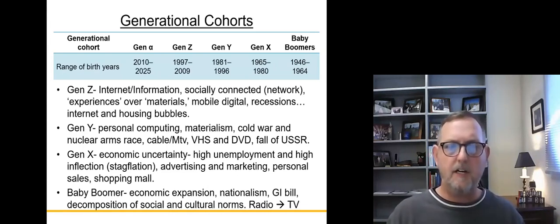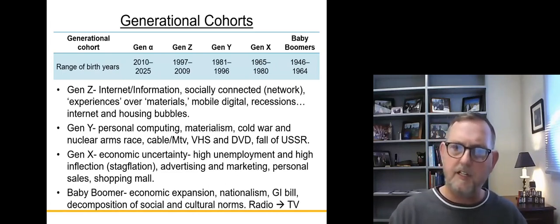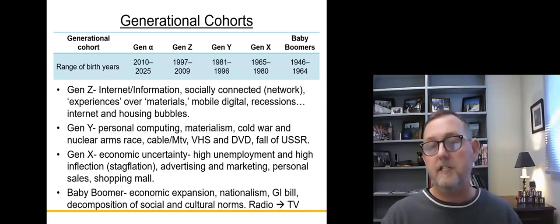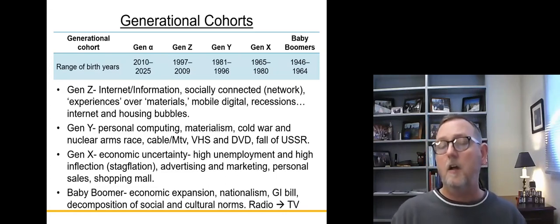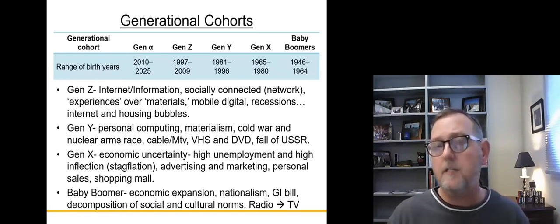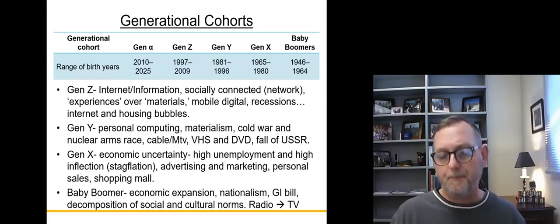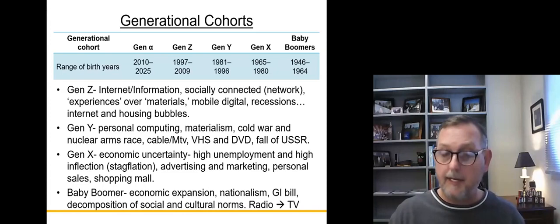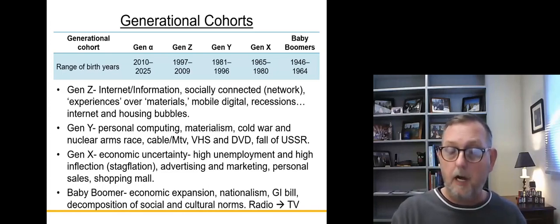Right, Gen Xers, baby boomers, again, just go through this. You can look at these. Gen Xers experienced what we're experiencing to a great degree now, or later here in the early 2020s, where you have potentially high unemployment and potentially high inflation.